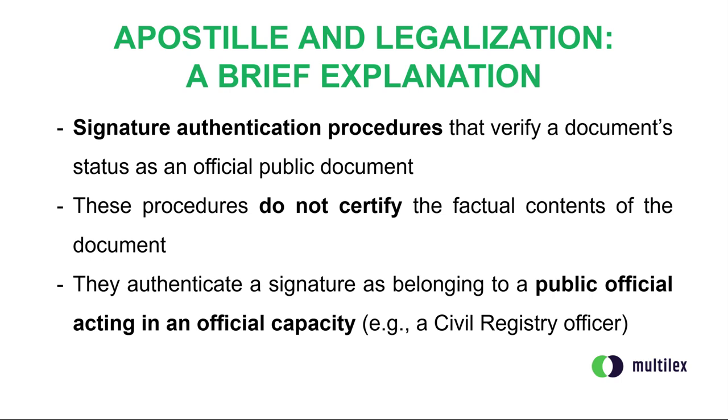So the signature is the signature of a public official acting in an official capacity, like the civil registry officer of a municipality, for example. This procedure does not certify the contents of the document, so the facts, the information which are shown in the document.